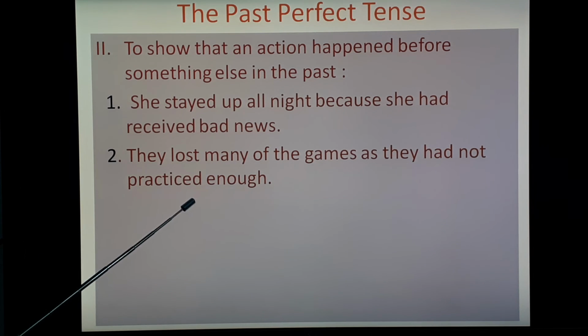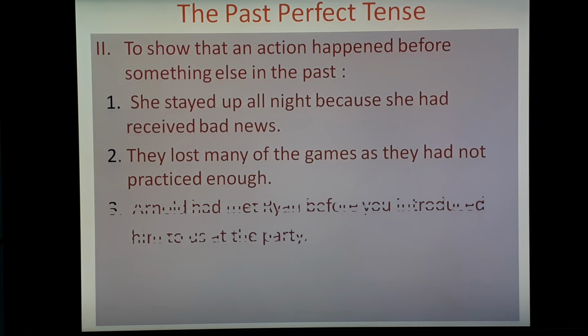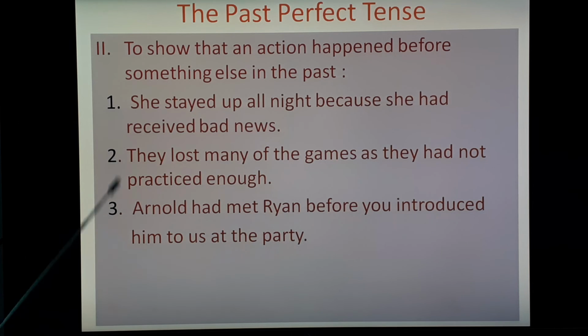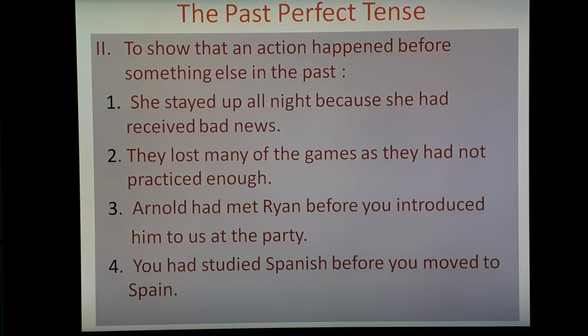So this shows the action happened before something else in the past. Arnold had met Ryan before you introduced him to us at the party. You had studied Spanish before you moved to Spain.